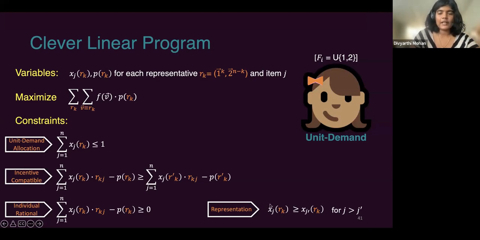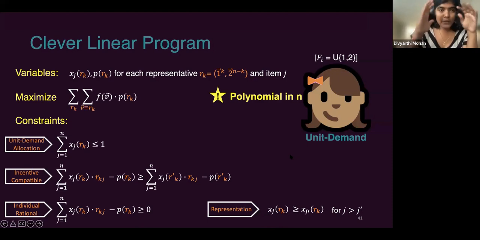Basically it makes sure that what we are allocating to them makes sense in terms of what the people who are represented by them will get from this. Anyway, the main thing to note here is that now in polynomial time, you can solve the exact revenue maximization problem. This solves the original revenue maximization problem. I didn't lose anything by doing this trick.